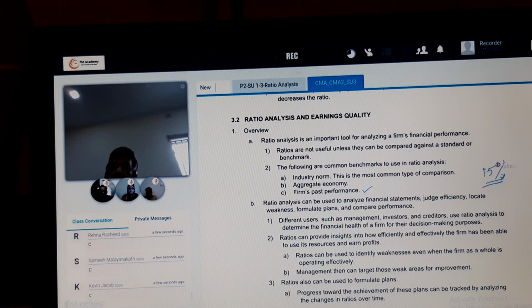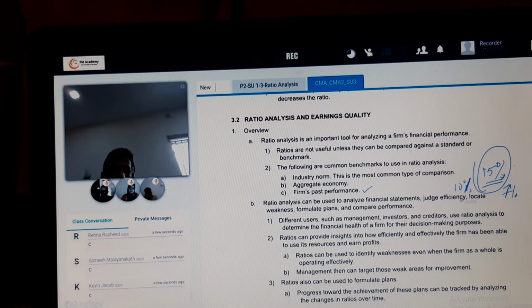In an economy where you get only 7% if you deposit money in the bank, or 10% in a corporate deposit, getting some 15% from your investment compared to the aggregate economy is really good profitability. Like that, you can compare the ratios you are computing with the aggregate economy, right? And then you can compare that with the industry average. That is a better indication of the performance of the company.